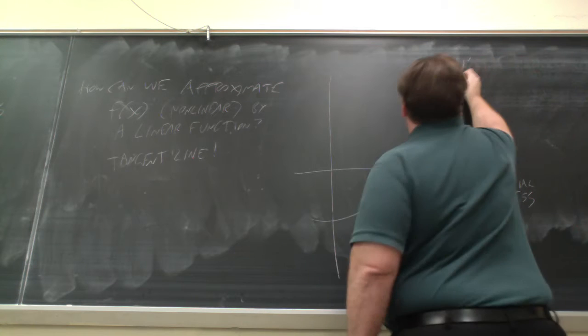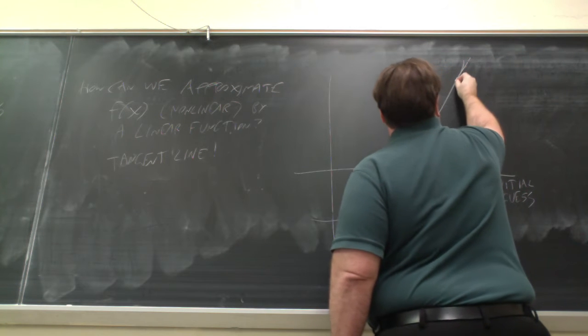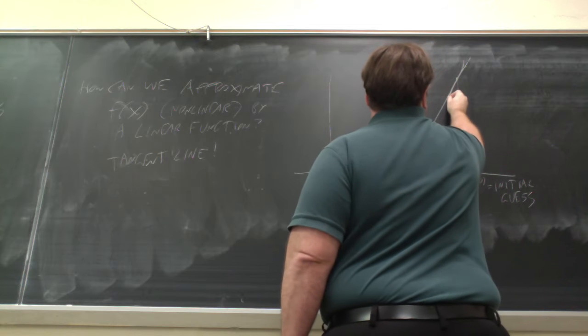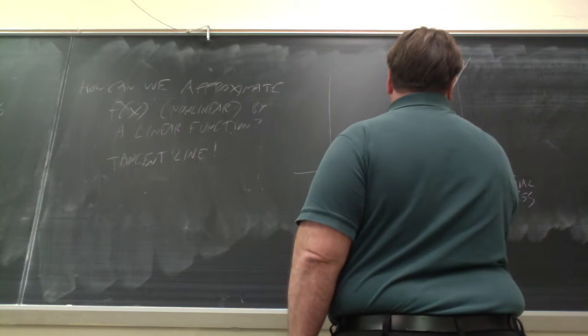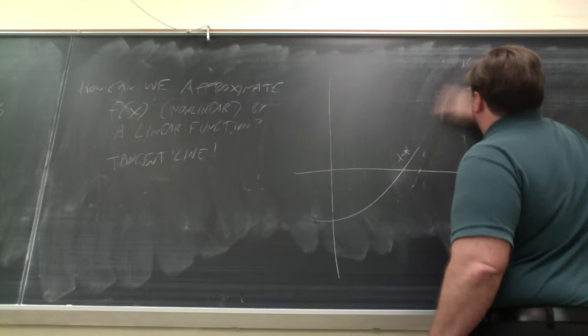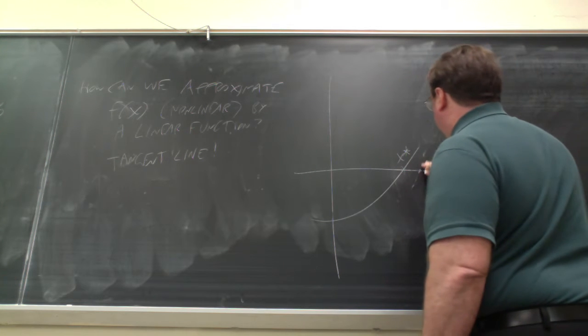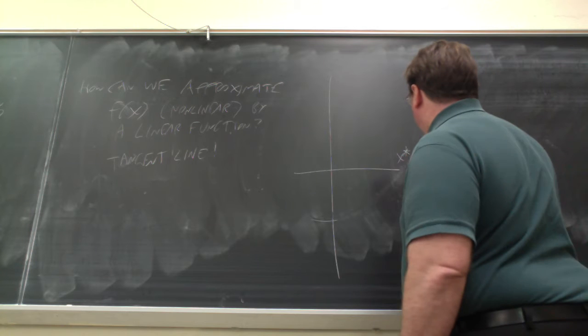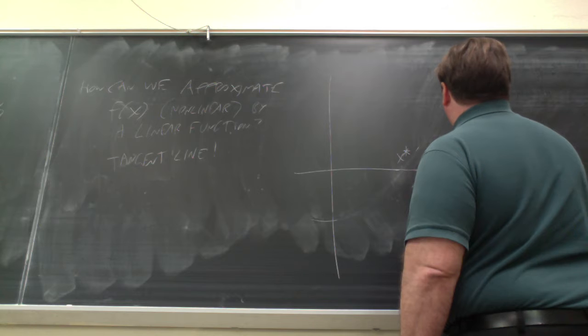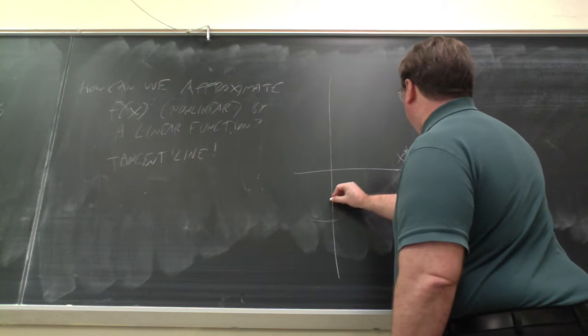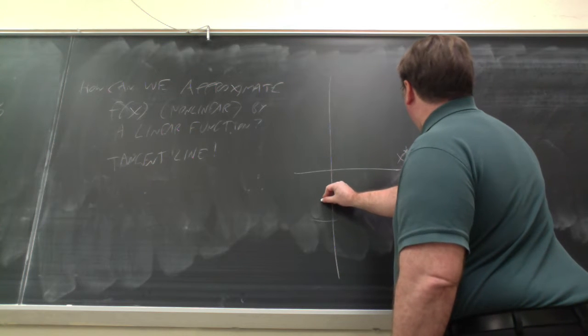I'll try to draw this correctly. That's a pretty lousy tangent line. Actually, what I should do is make the graph a bit more curvy around here, because the graph itself was kind of like a line, and that kind of spoils my illustration.